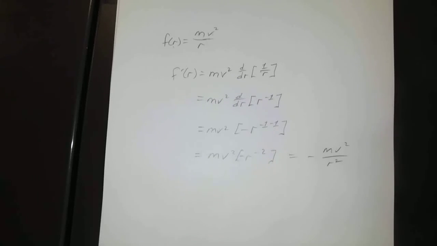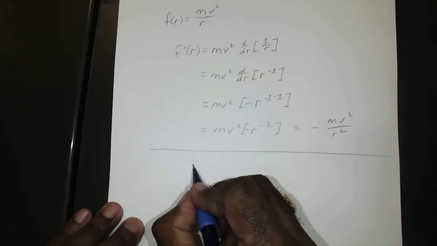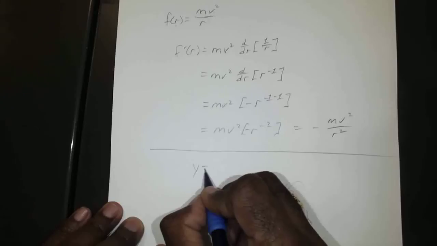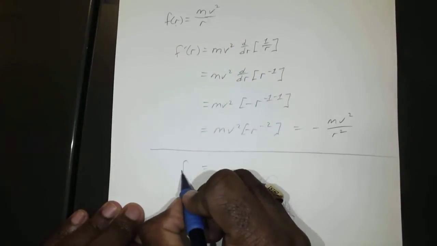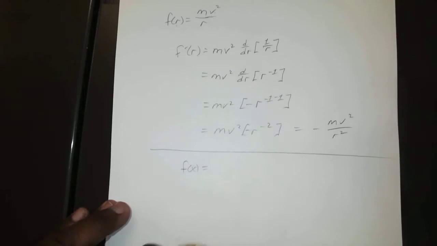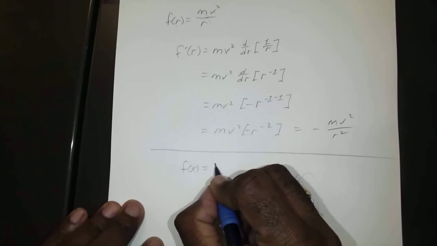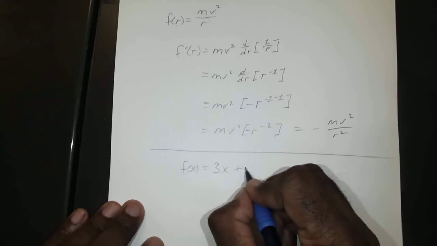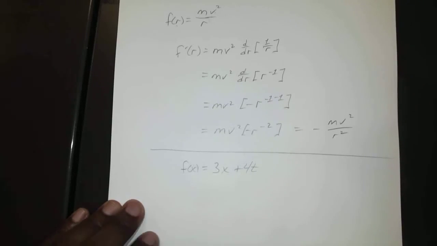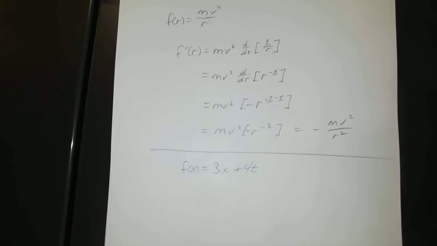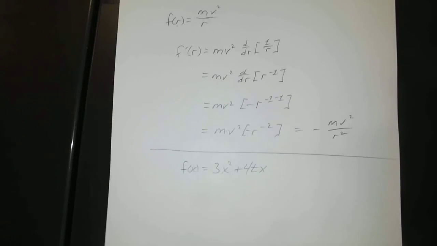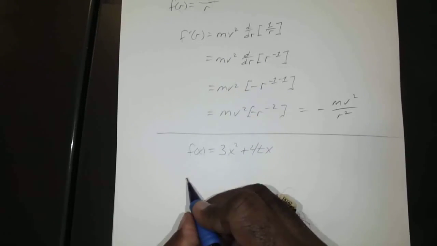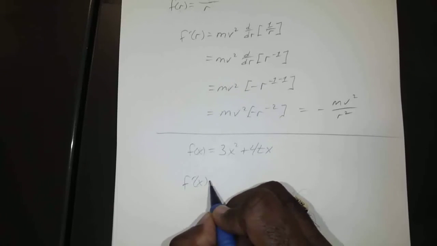So let's say instead of y, let's say f of x equals 3x squared plus 4tx. Okay, so you have f prime of x.